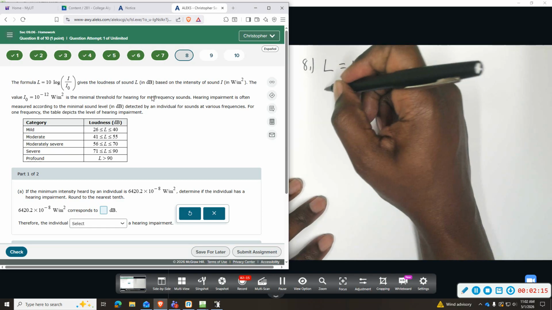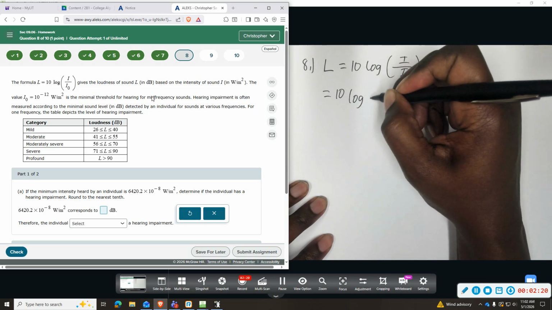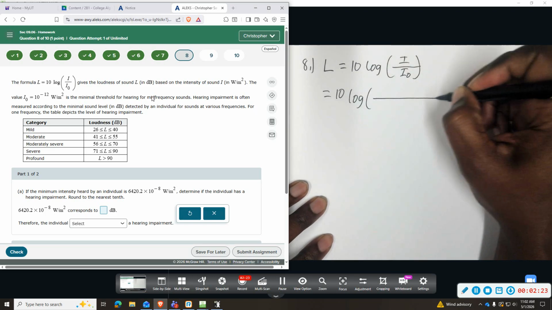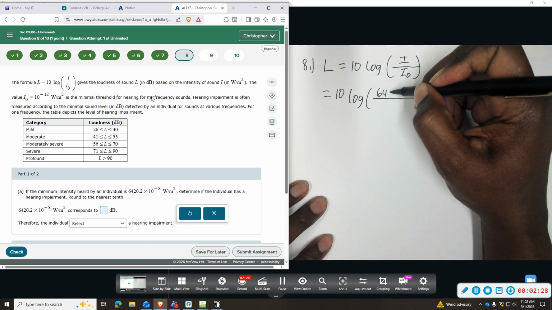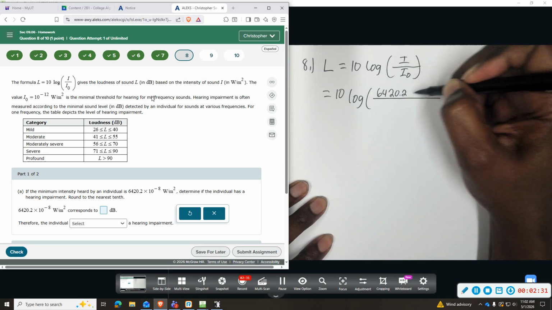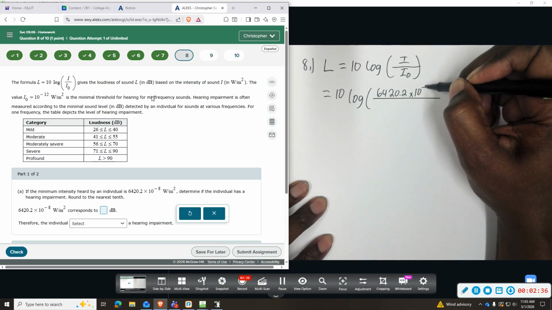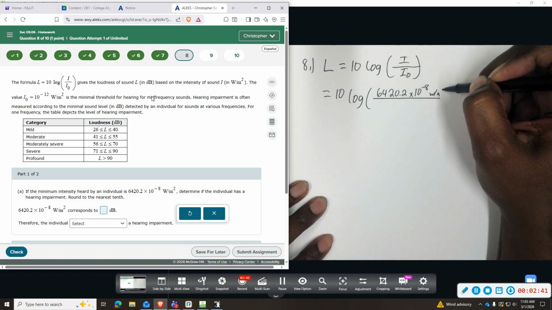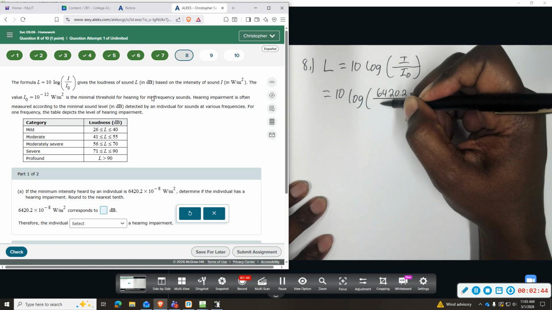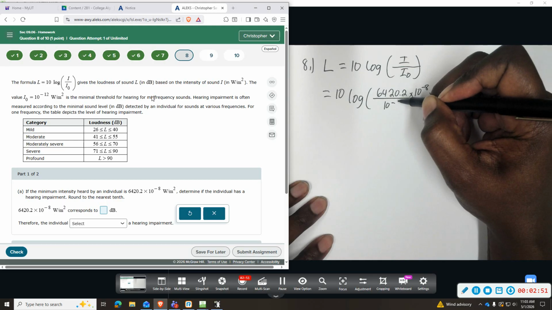So this is going to be equal to 10 log, and then we will have the 6420.2 times 10 to the negative 8. And then on the bottom, we have 10 to the negative 12th.